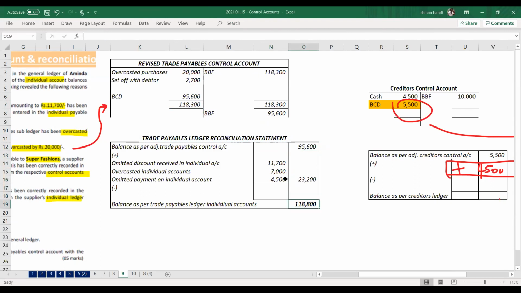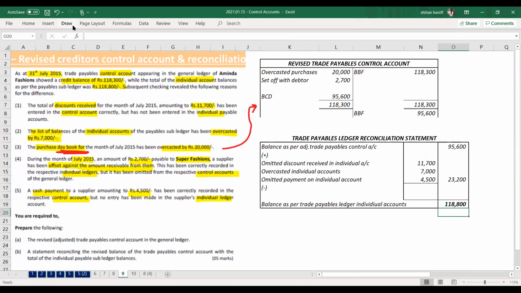If we add this, you should get the answer 118,800.